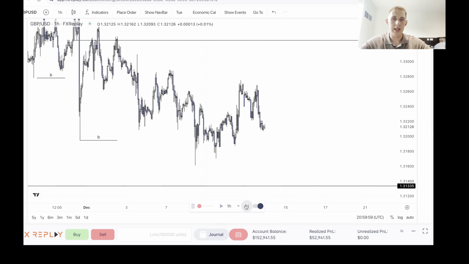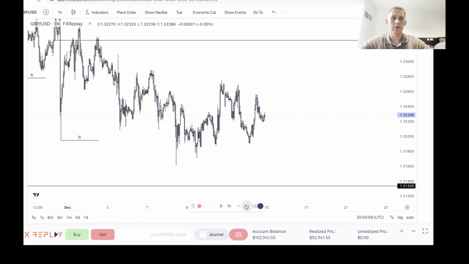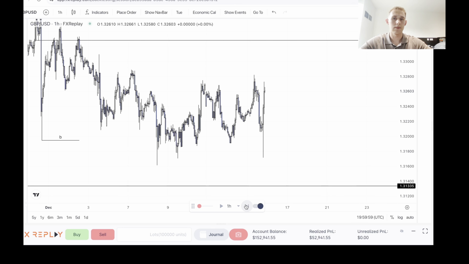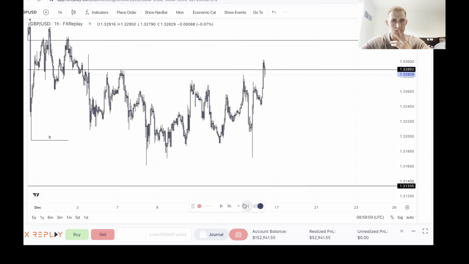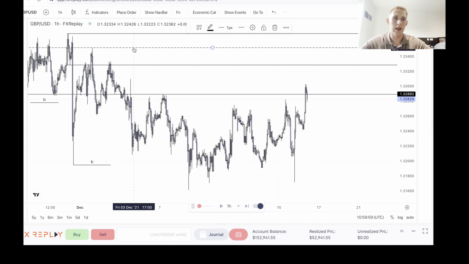So we ideally want to see some highs swept first if we're looking to sell. Potentially this one. There we go. The next high that I would want to see swept would be this one, because that leads into this supply.